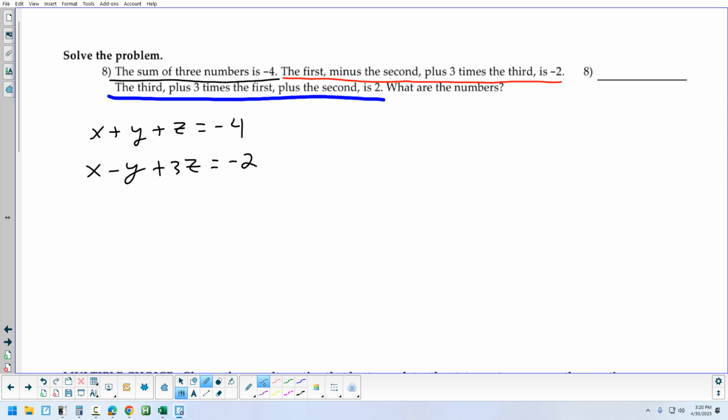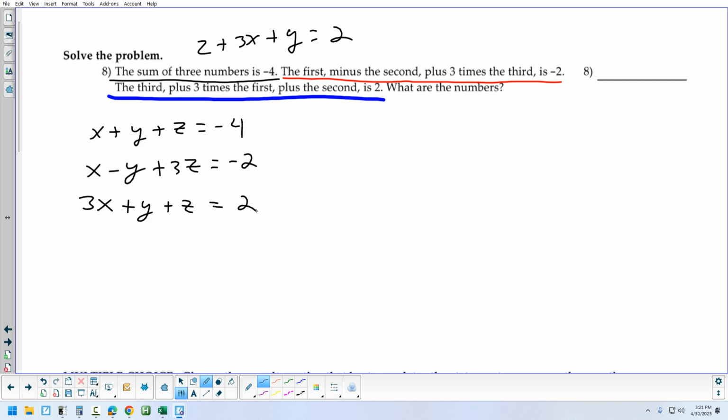Z plus 3X plus Y. Now let's fix the order so it's X, Y, and Z. What would come first? 3X plus Y plus Z equals 2. Okay, so now we've got our equations ready to go.